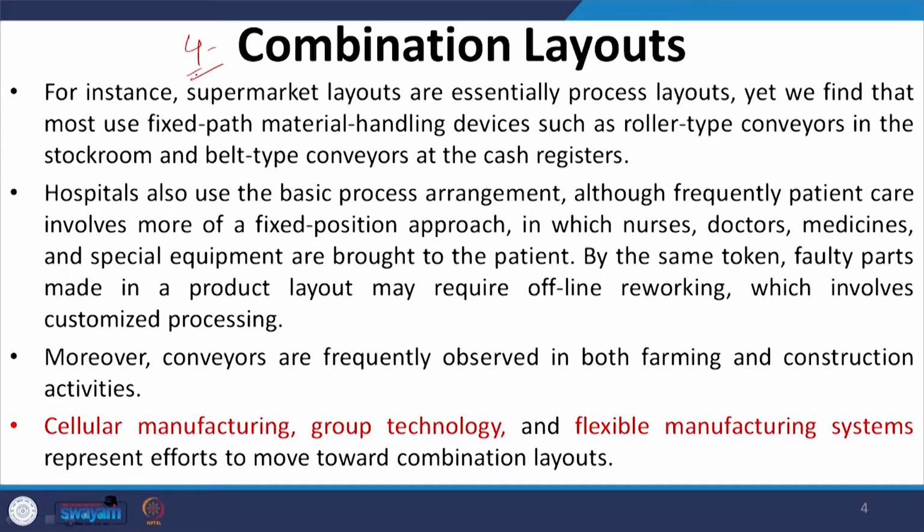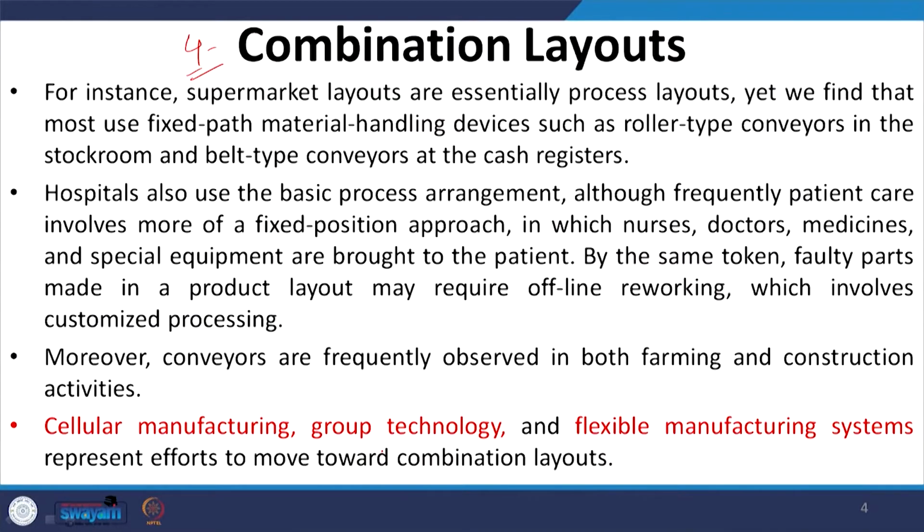So, that is about the fixed position layout. Then we use combination layouts. The combination layouts are, in a sense, a combination of product and process layouts. Here we have different names for the combination layouts, which are worth knowing: cellular manufacturing, group technology, or flexible manufacturing systems.